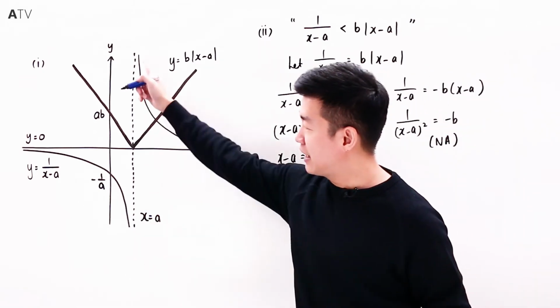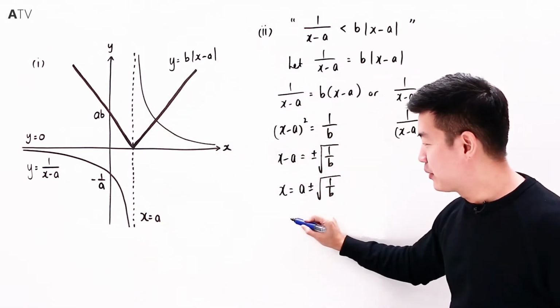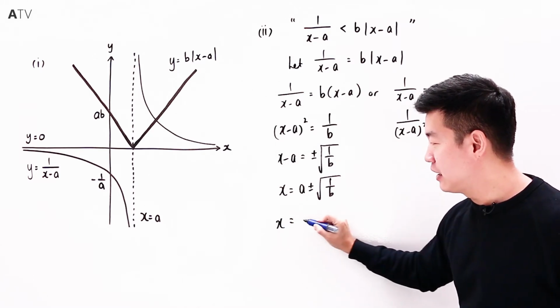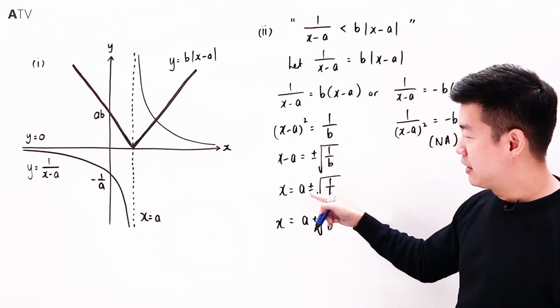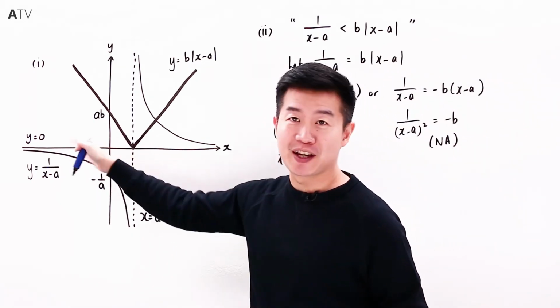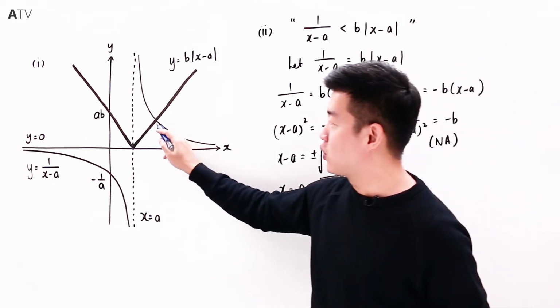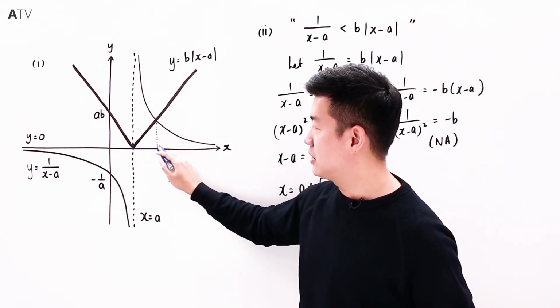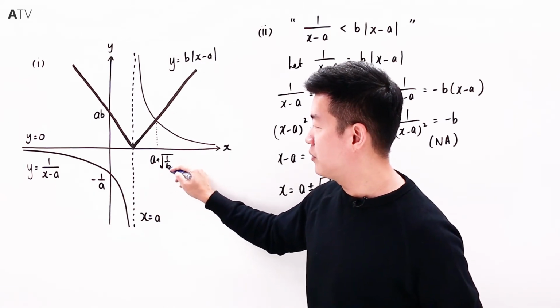And x equal to a is here, and the intersection is on the right hand side of a, so I'm going to accept just a plus the square root of 1 over b, because the minus will give me some coordinates that are definitely going to be on the left hand side. So I'm taking this as the x coordinate of the intersection here. So this is going to be a plus the square root of 1 over b.